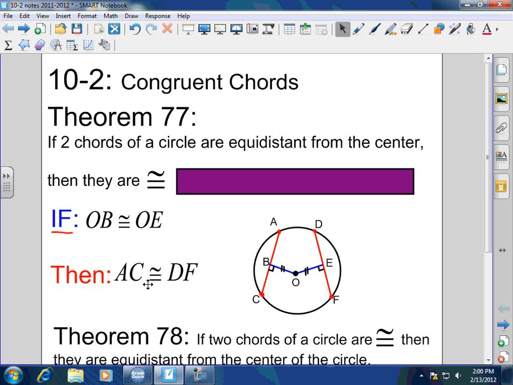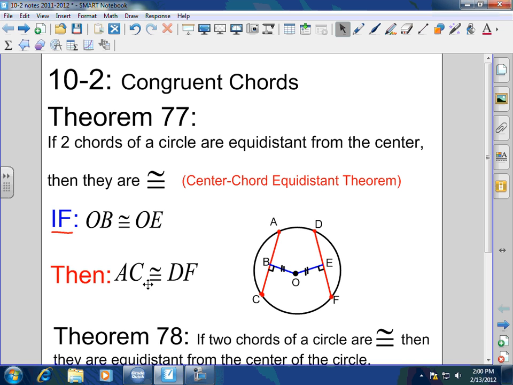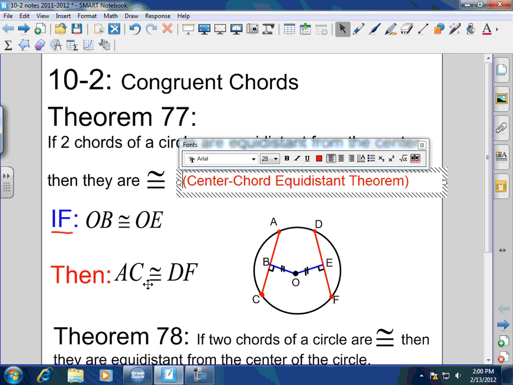Now, I went ahead and created a shortcut for this theorem, and we're going to call it the center chord equidistant theorem. Actually, let's make this equidistance better.